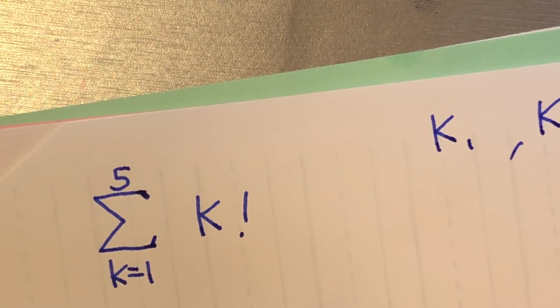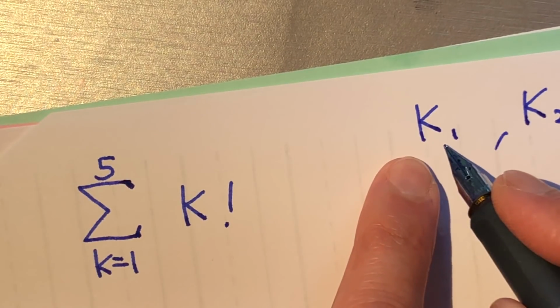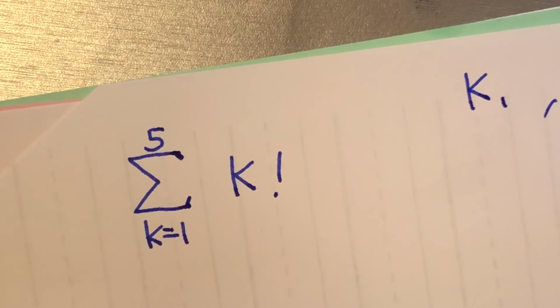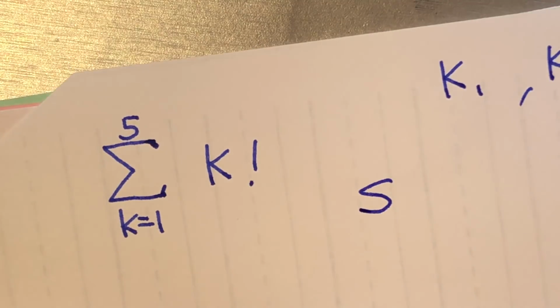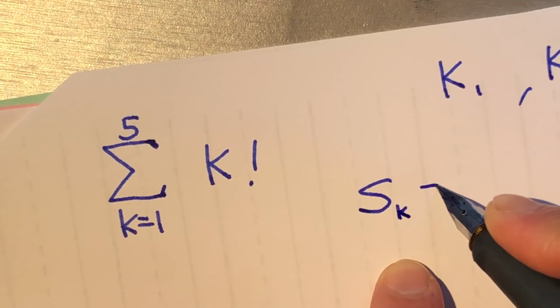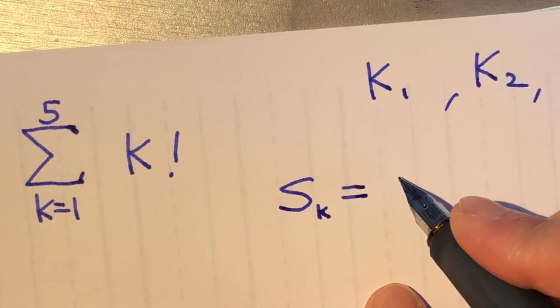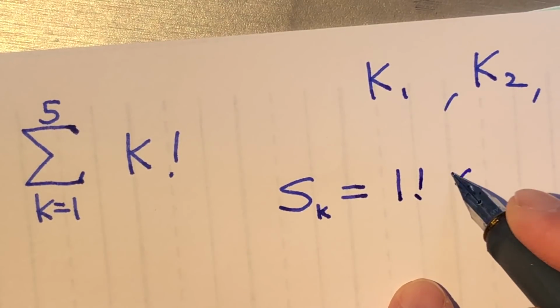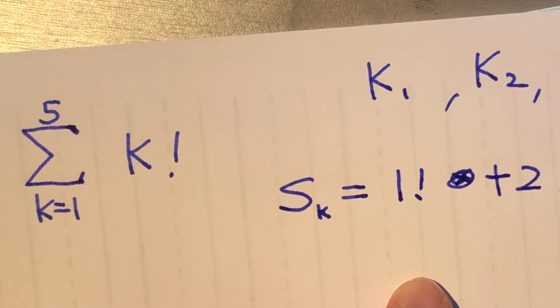Until this number is matching with this number, starting from k1. Okay, so we can use it as a summation formula. Summation is easy because we know 5. So 1 factorial plus 2 factorial plus 3 factorial plus 4 factorial plus 5 factorial.